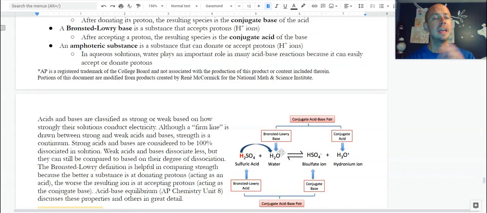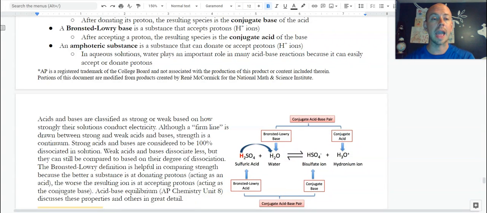So in that case, even though water doesn't necessarily have a super high pH or taste bitter like we define bases as doing, it acts as a base by accepting it, and then it's conjugated to its acid form. And this is our conjugate acid-base pair. The sulfuric acid conjugates itself into a base form.